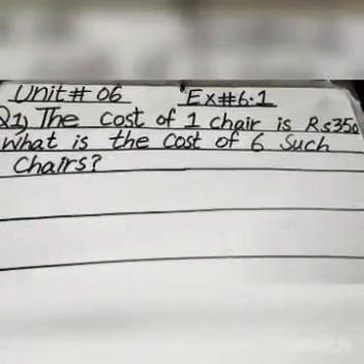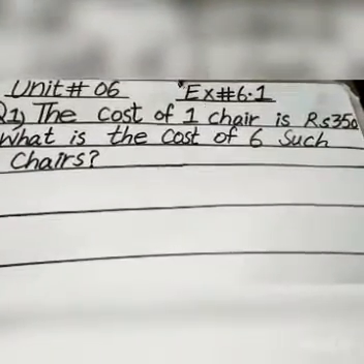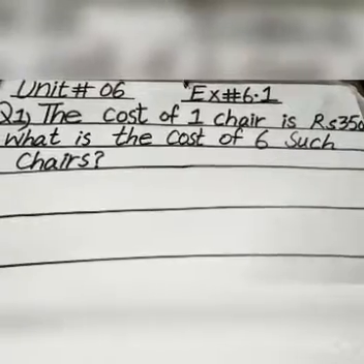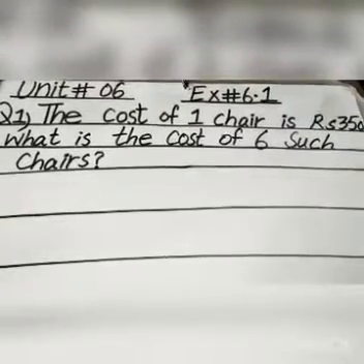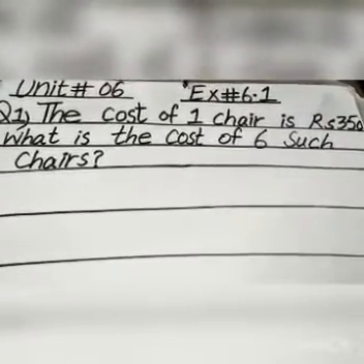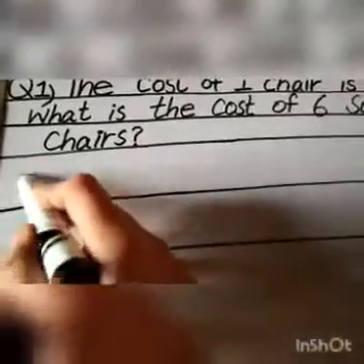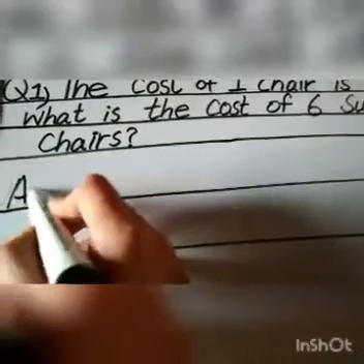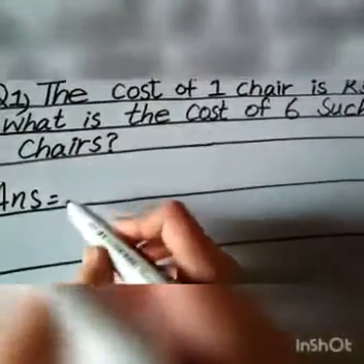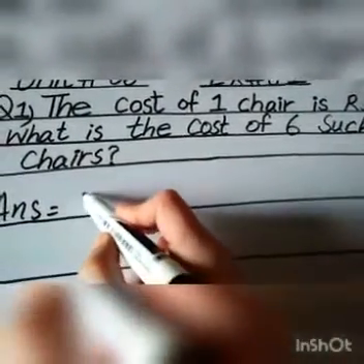Class, you can see the cost of one chair is rupees 350 and now we can find out the cost of 6 such chairs. What would we do? We have to multiply, okay? Answer. We have to write the statement also.